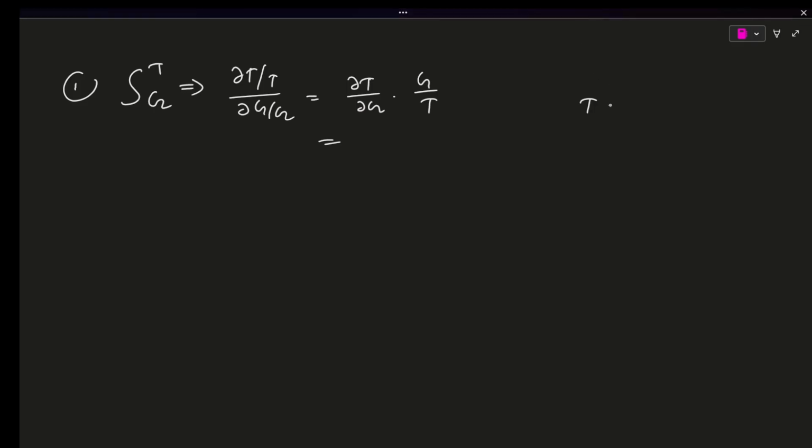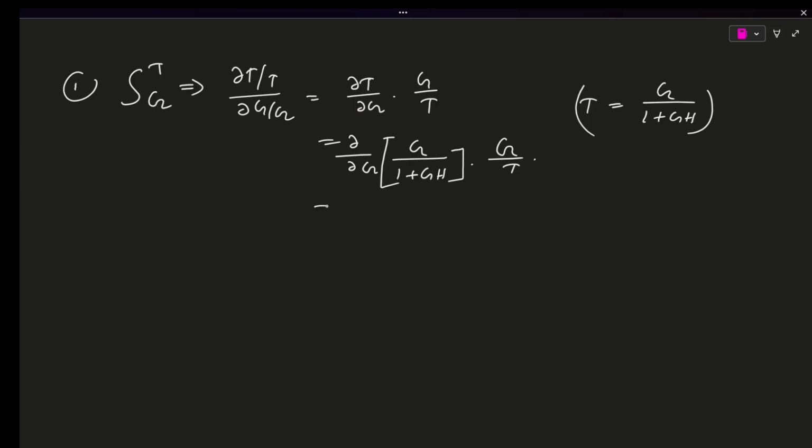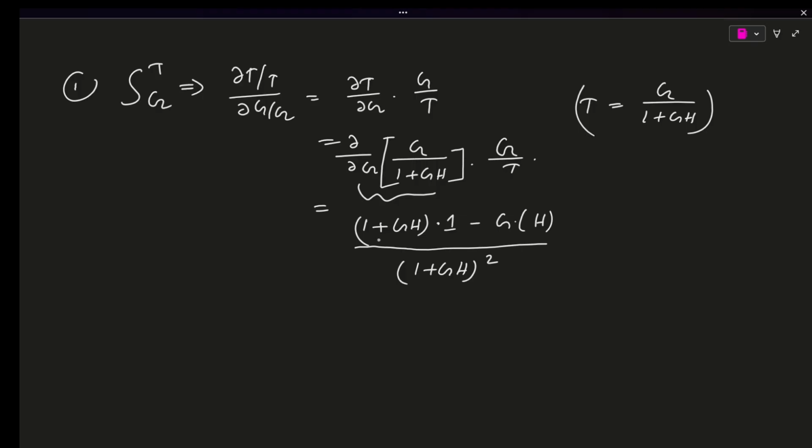So its value is T equals G by 1 plus GH del G, and in place of T we will write G by 1 plus GH into G by T. Then we will differentiate this thing: denominator into differentiation of numerator minus numerator into differentiation of denominator, divided by square of denominator, into G by T.